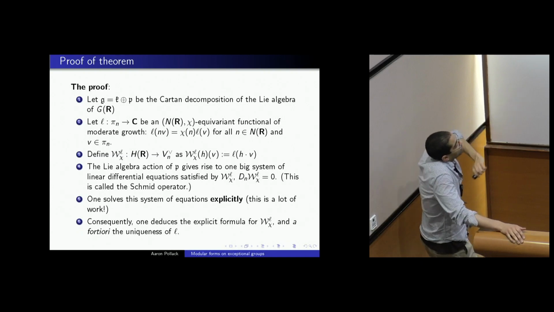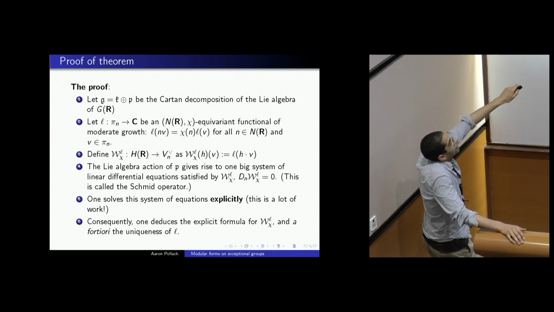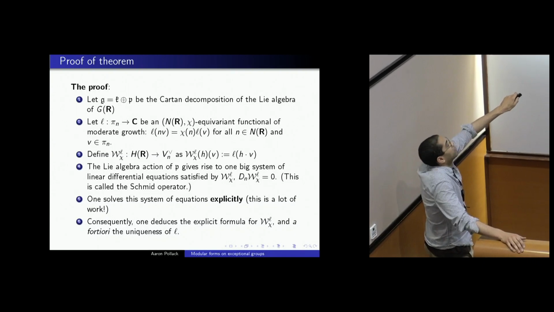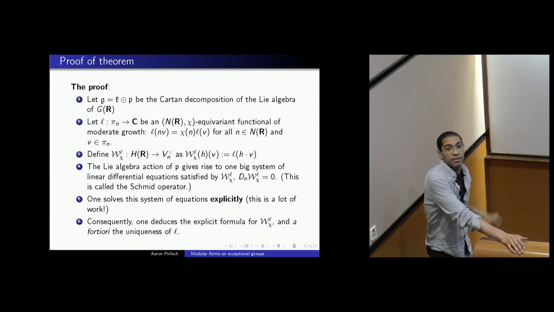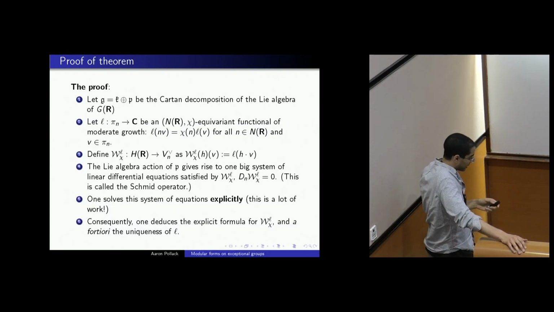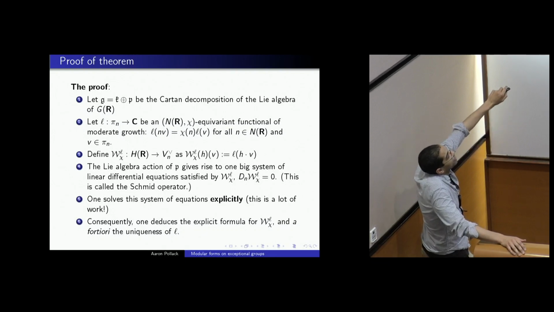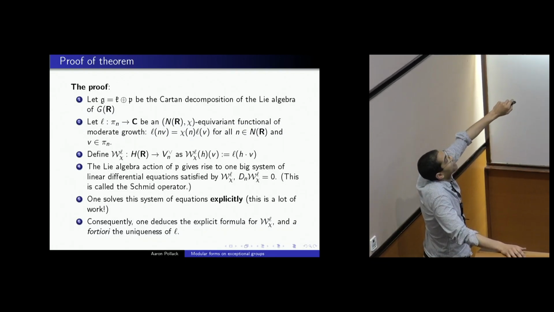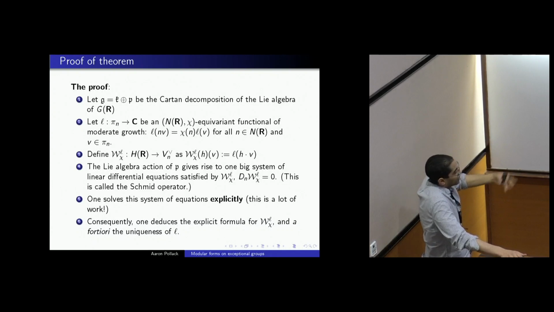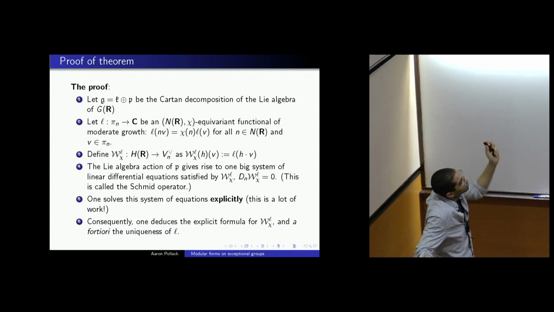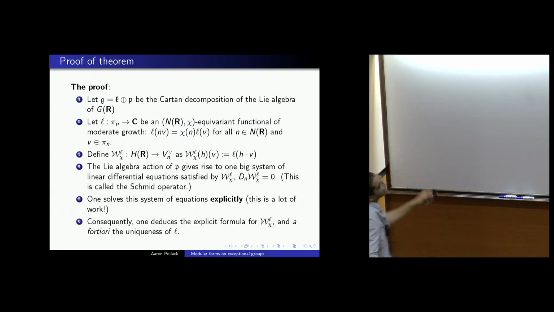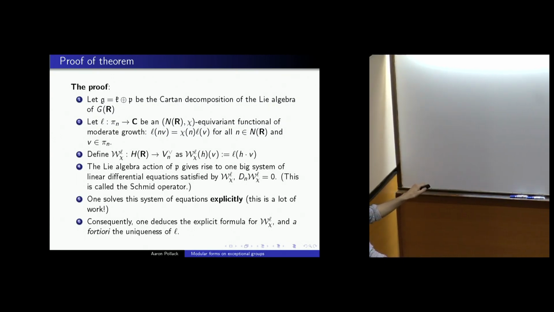And so for such an L, you can define this function, W sub chi of L, from the Levi to the dual of the minimal K-type, just as in the statement of the theorem. And the Lie algebra action of the p, the minus 1 part of the Cartan decomposition, gives rise to a huge system of linear differential equations satisfied by this function W chi of L.